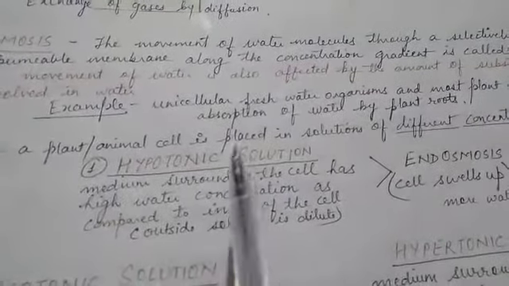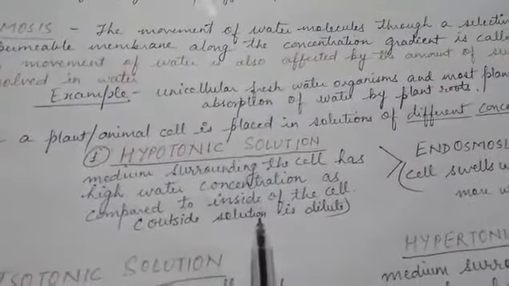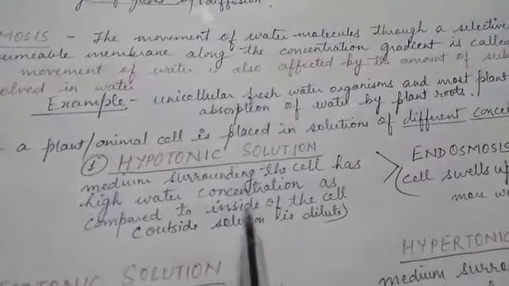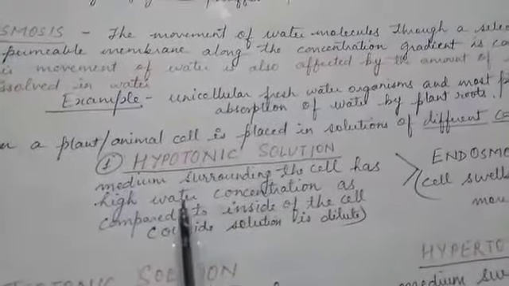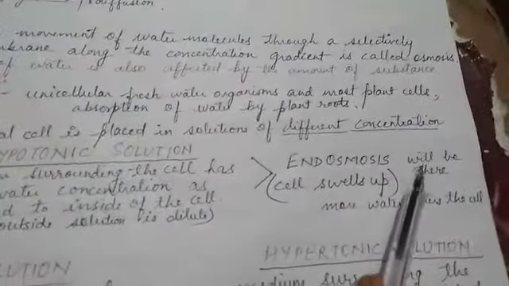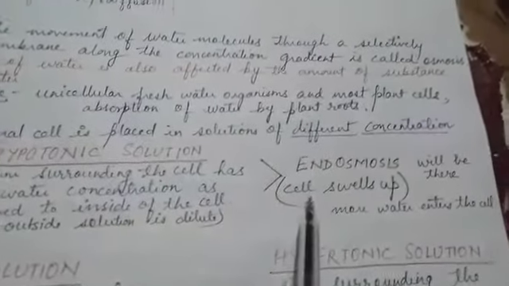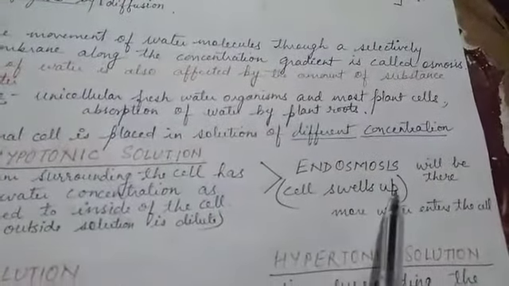When a plant or animal cell is placed in hypotonic solution, it means the outside solution is dilute, more water is there and inside is less. The water moves from outside the cell to inside the cell. The cell swells up.